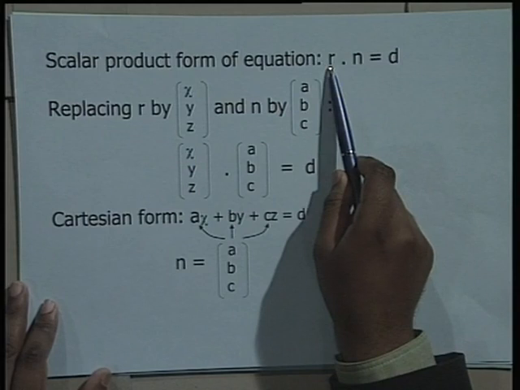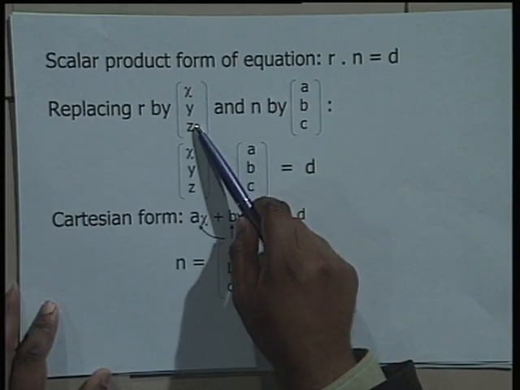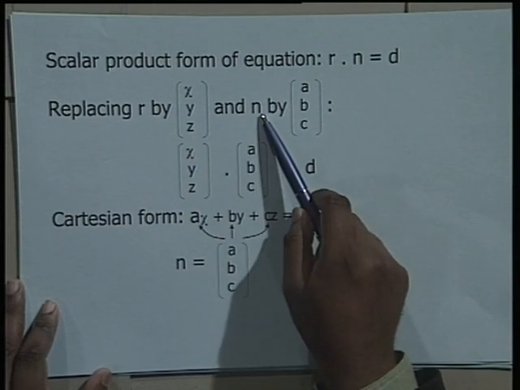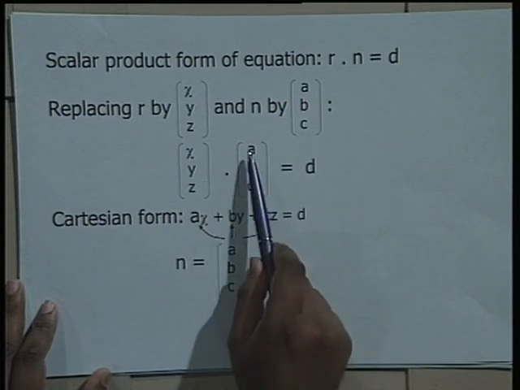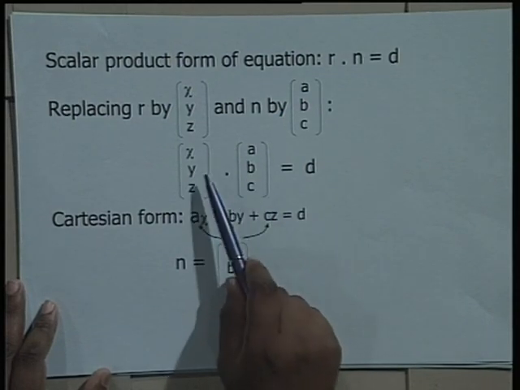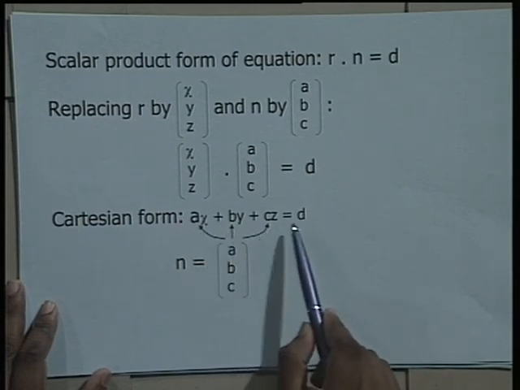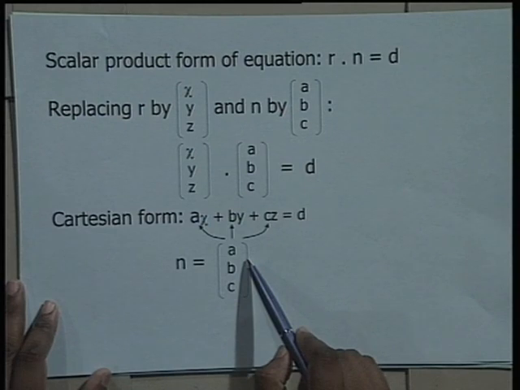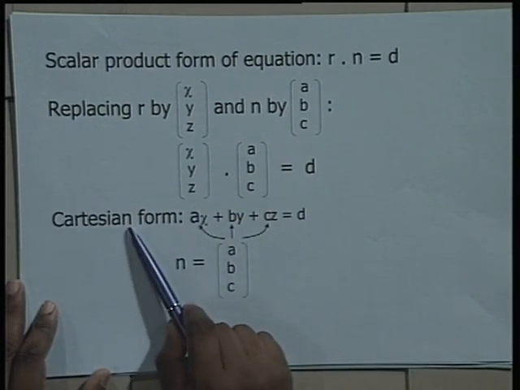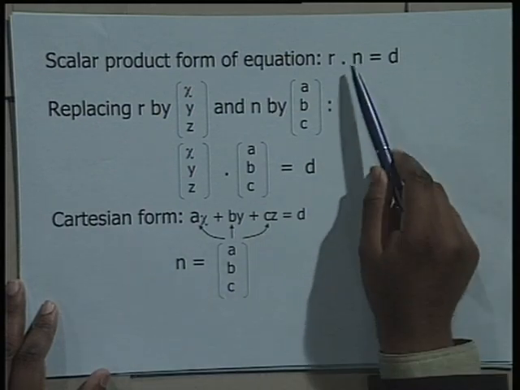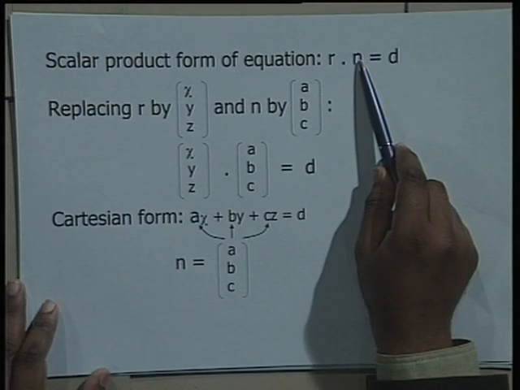If we replace r by x, y, z, that is the position vector of the general point on the plane, and the vector n by a, b, c, and then carry out the dot product, a times x plus b times y plus c times z, we obtain ax plus by plus cz equal to d. Note that this is the Cartesian form of a plane. This is the scalar product form or dot product form of equation of a plane.